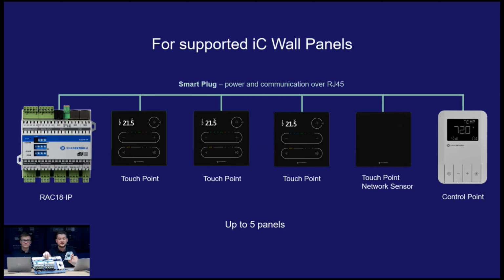So this is not IP connectivity, this is not PoE, this is actually our smart plug technology that powers it up and shares BACnet MSTP and Modbus RTU. So if we disconnect this cable here, that is directly connected to the RAC18, the panel will switch off. But once the cable is connected, it is powered and starts communication directly with the controller. And it can go back on the wall.